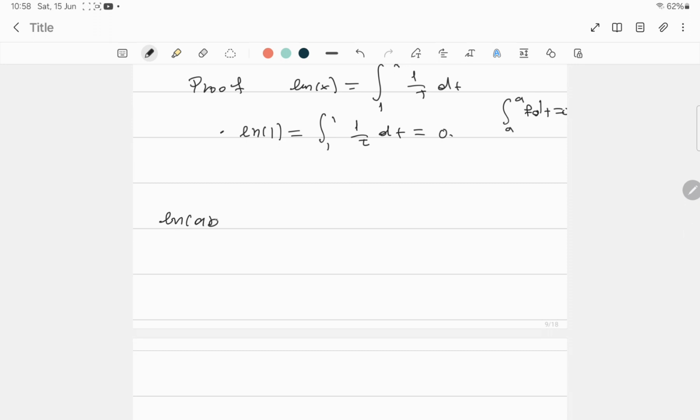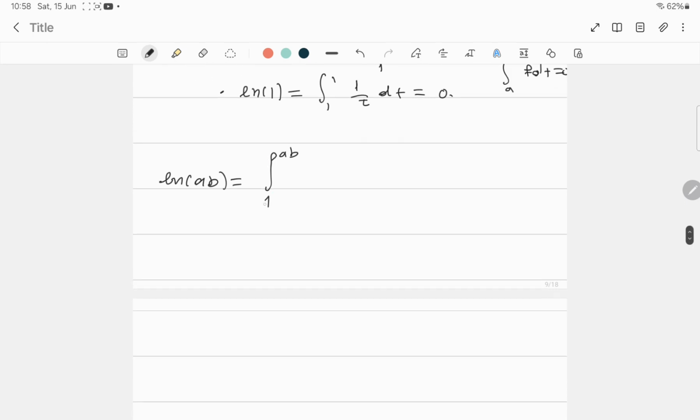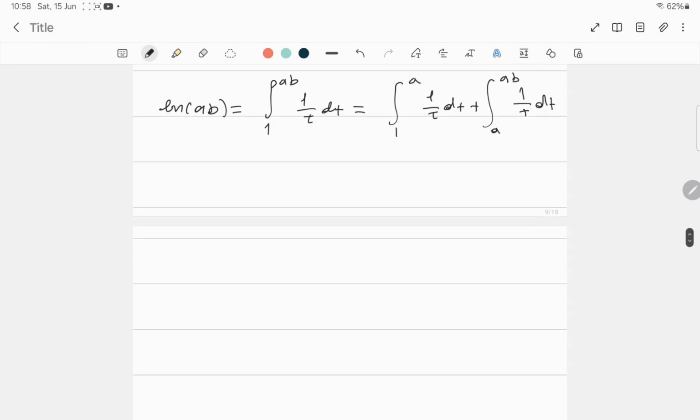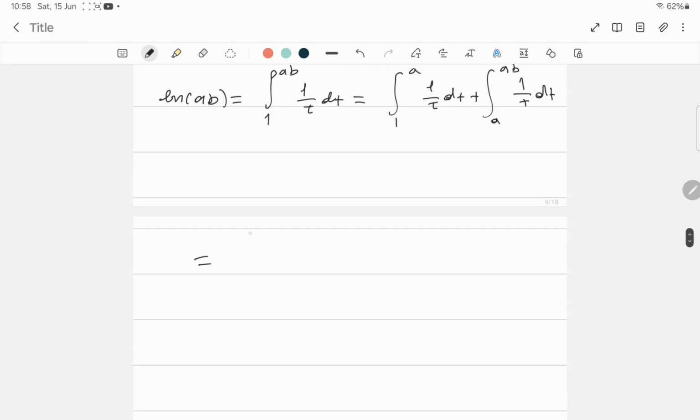The natural logarithm of the product of the two numbers is the integral from 1 to a times b of 1 over t dt. I can split it like that. So let me show you what I have.